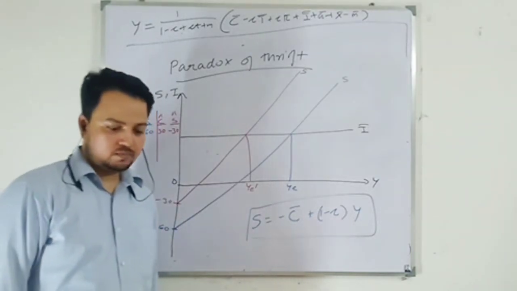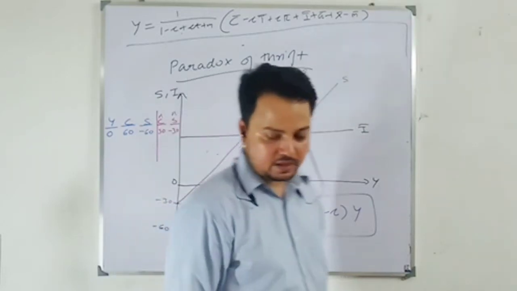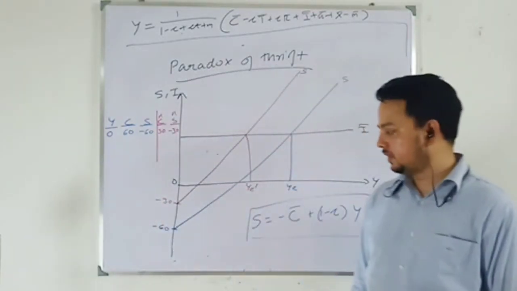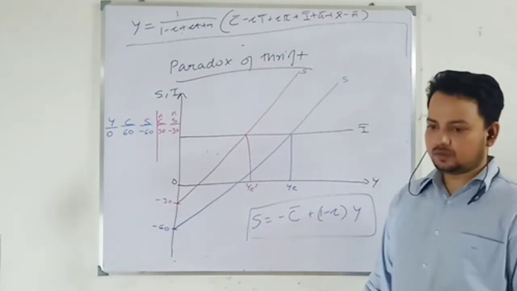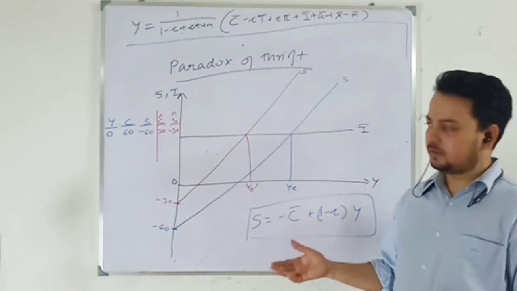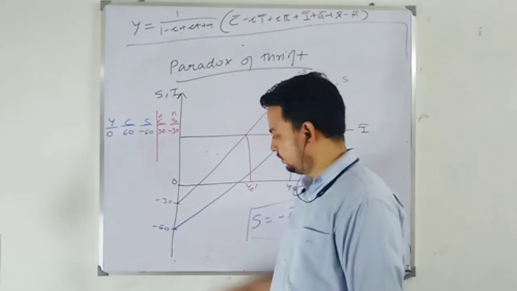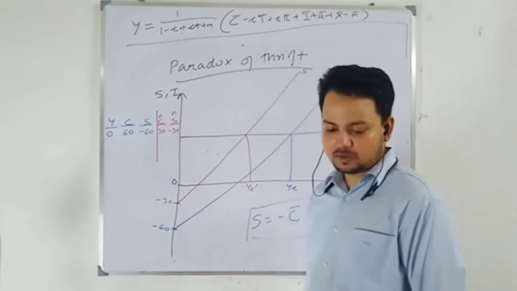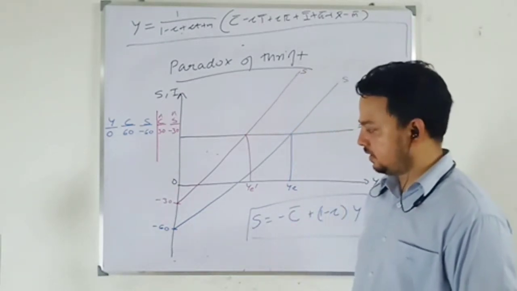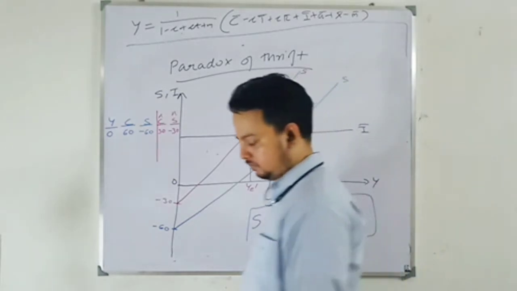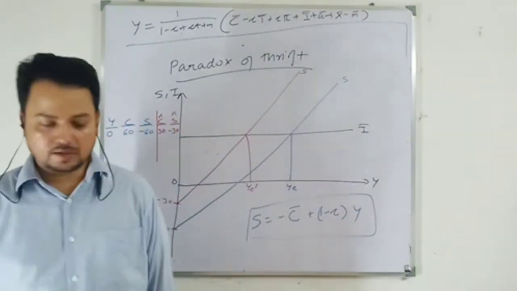The intercept term, or autonomous dis-saving, is minus 60, negative 60.